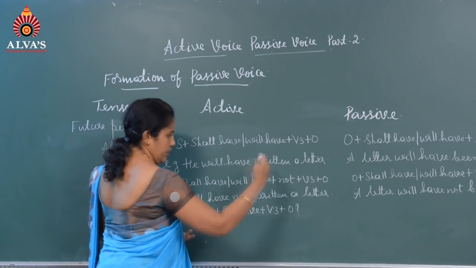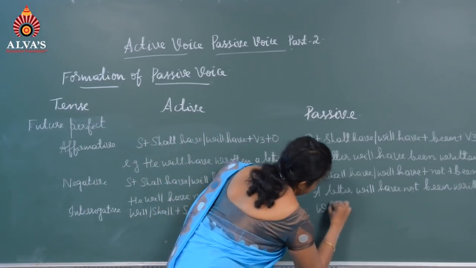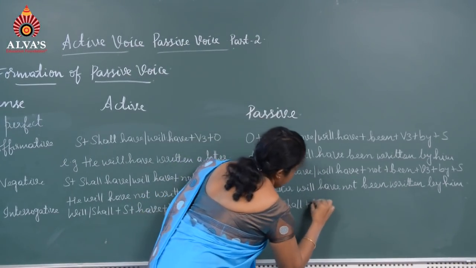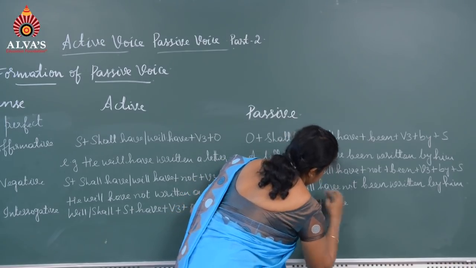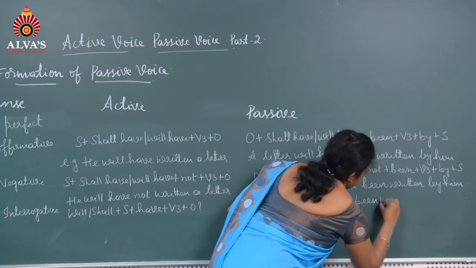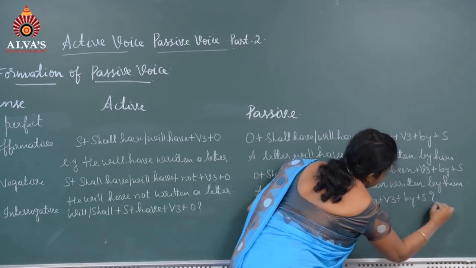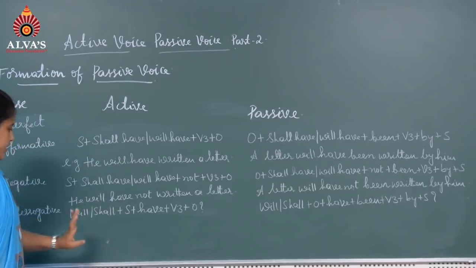So, when we go to passive voice, it becomes will or shall plus object plus have plus been plus V3 plus by plus subject. Here there should be a question mark because it is an interrogative sentence.